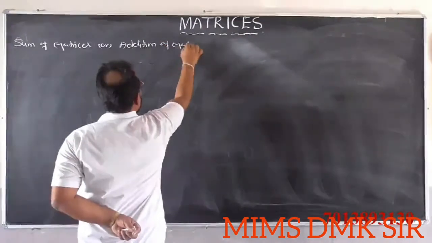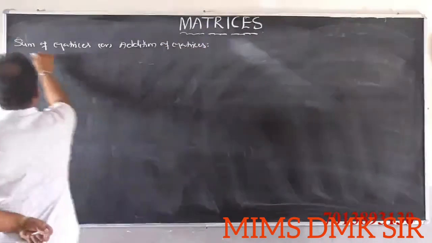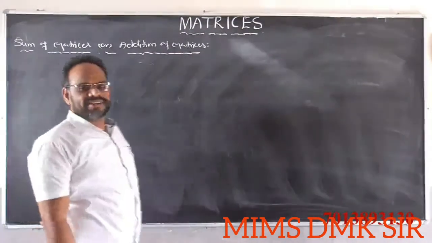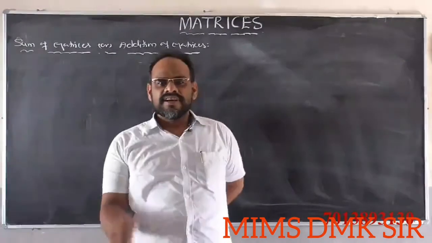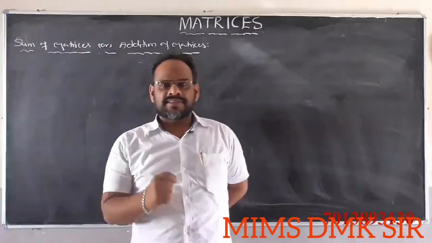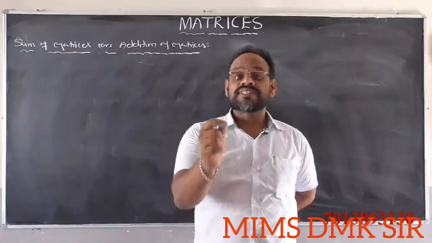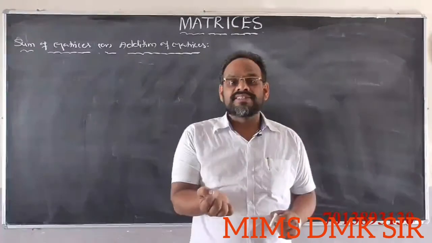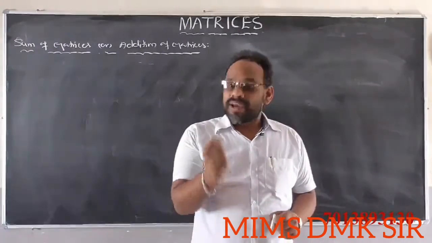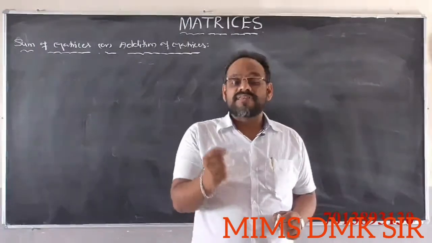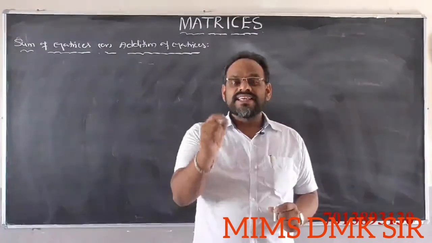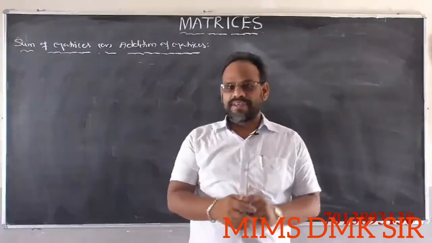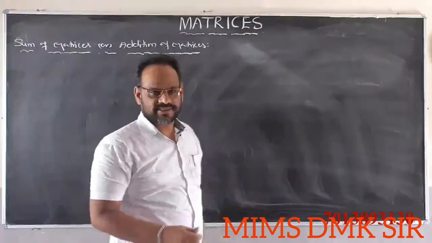Sum of matrices or addition of matrices means: let A and B be two matrices of the same order, and their sum is defined by A plus B, a matrix of the same order, in which each element is the sum of the corresponding elements of A and B. This is called the addition of matrices.